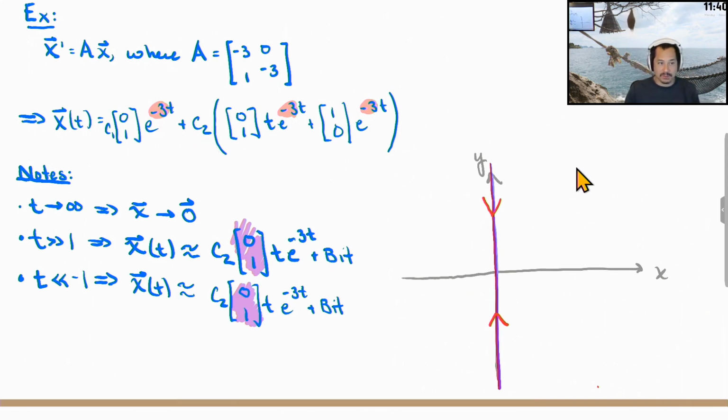So now I've got some choices. Choice number 1. Where do I got to go? I got to go to the origin, right? That's what everything's telling me. Go to the origin. Now there are two ways to do it. Deep in the past, I need to parallel the purple eigenline, but then really far forward in the future, I better come back in to the origin and end up there. So I could do something like this.